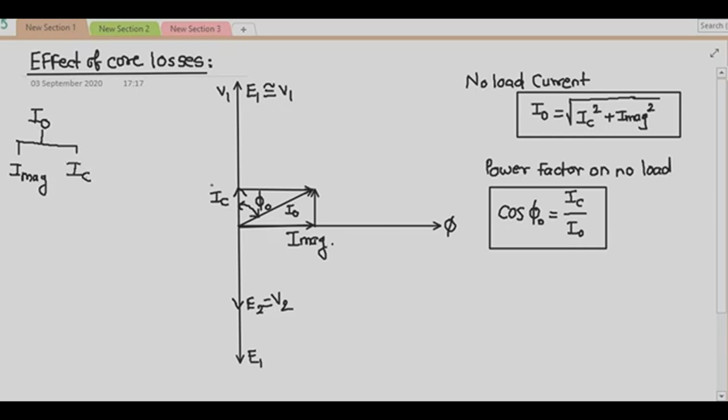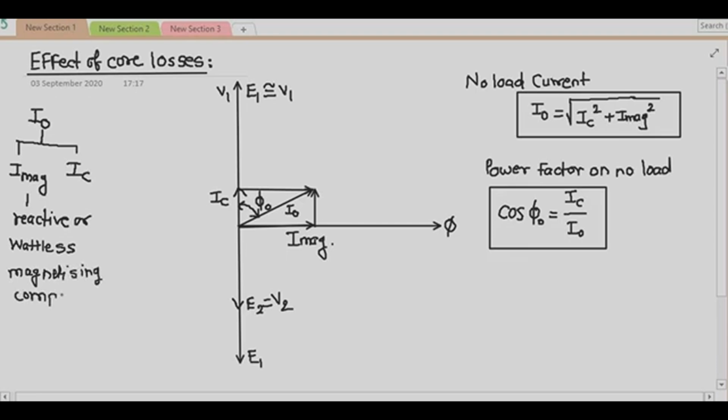So what is I magnetizing? I magnetizing is nothing but a reactive or wattless magnetizing component. And IC is an active component. I magnetizing is a reactive component.